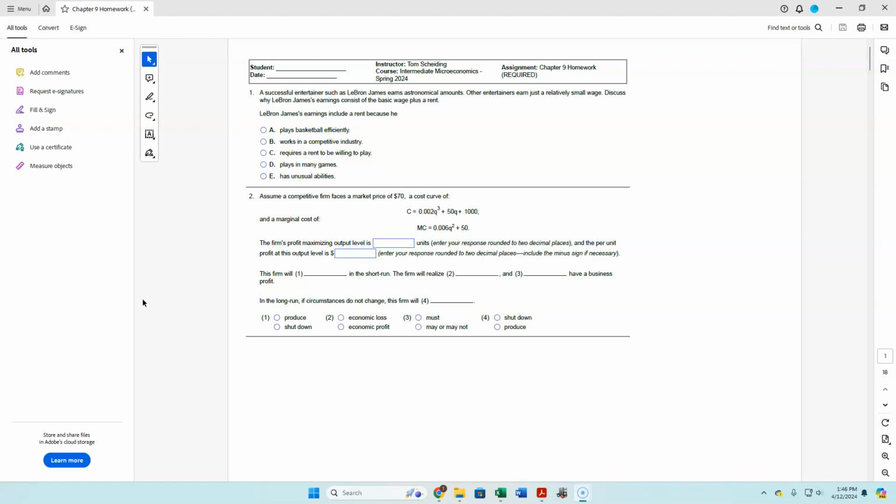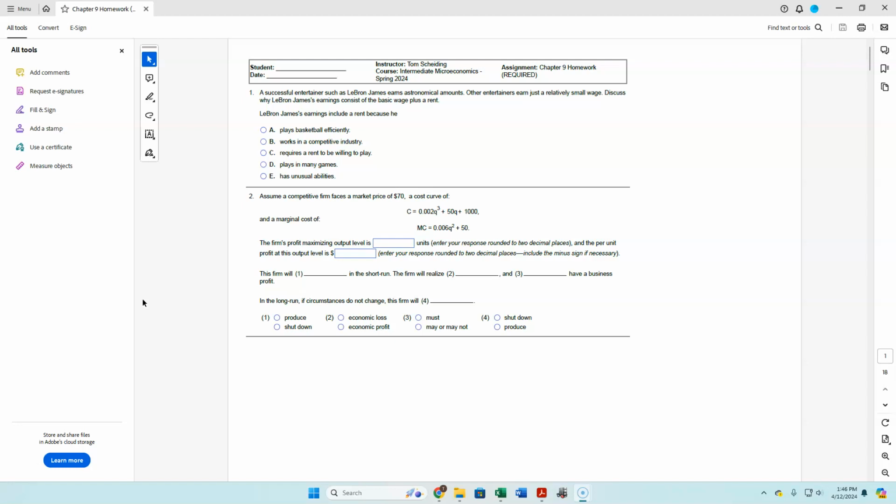The homework starts off with a multiple choice question where you have the successful entertainer, LeBron James, who earns astronomical amounts. Others just earn small wages. The question becomes one of why would LeBron James's earnings consist of wage plus a rent?